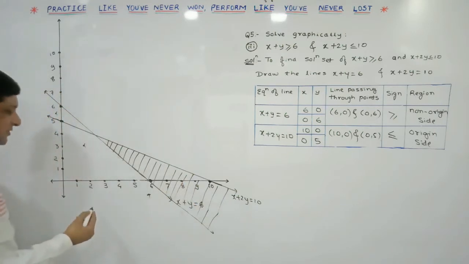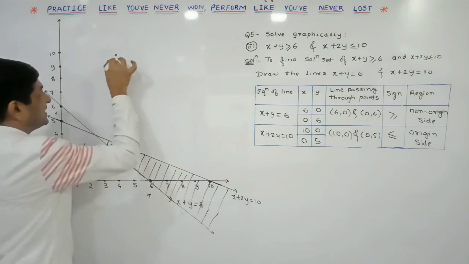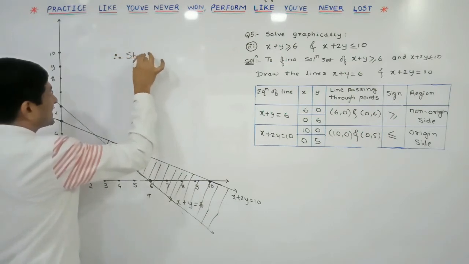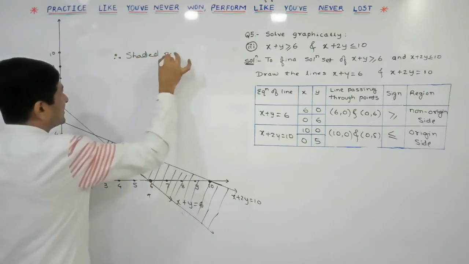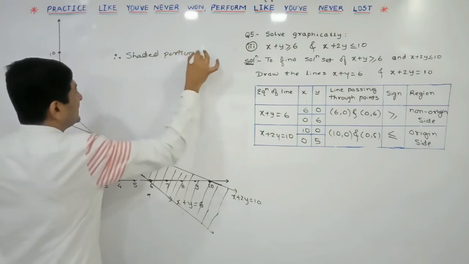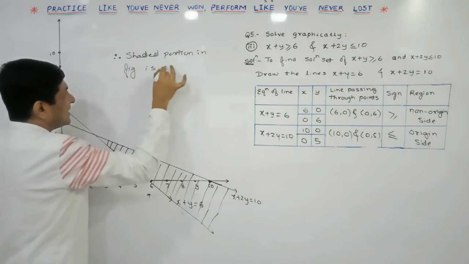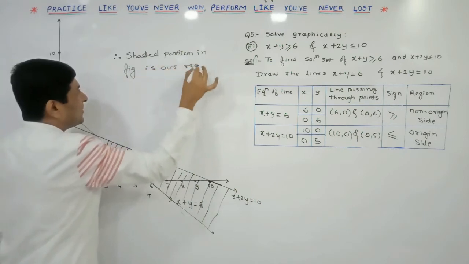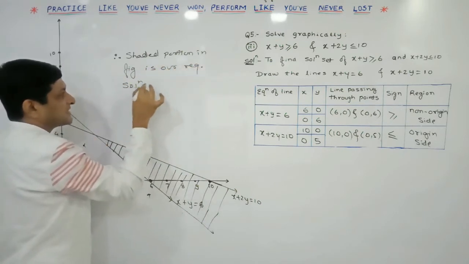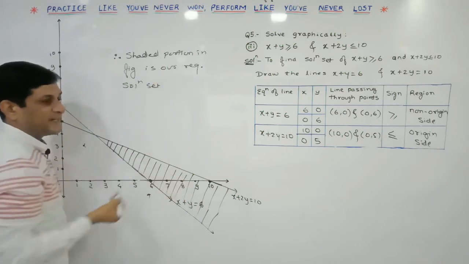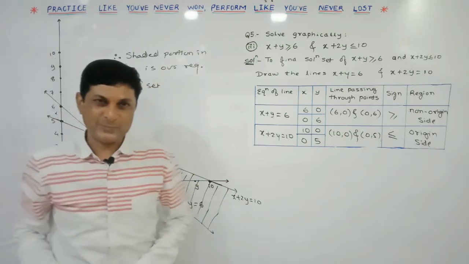Lastly write down: therefore, the shaded portion in the figure is our required solution set. In this way we are finding the solution set of given expressions.